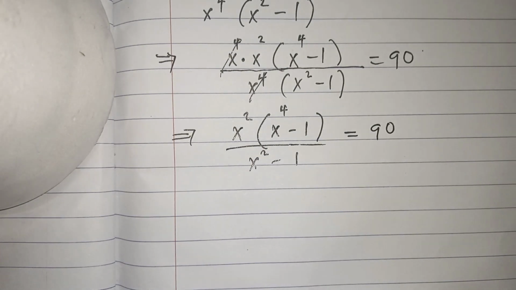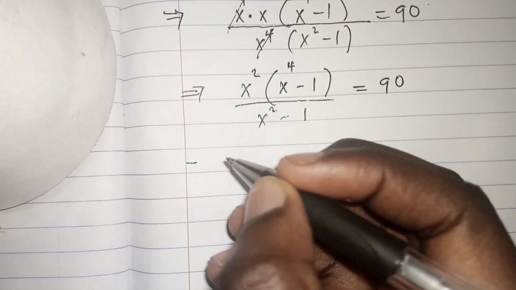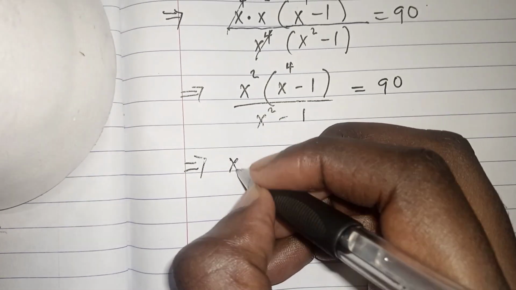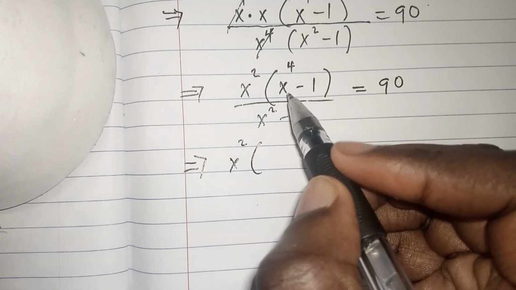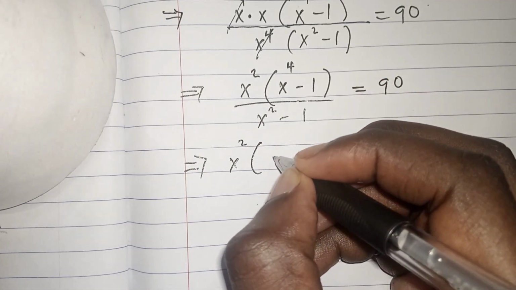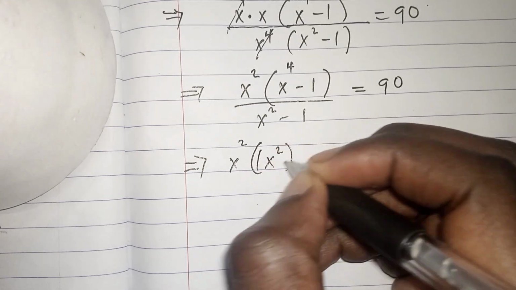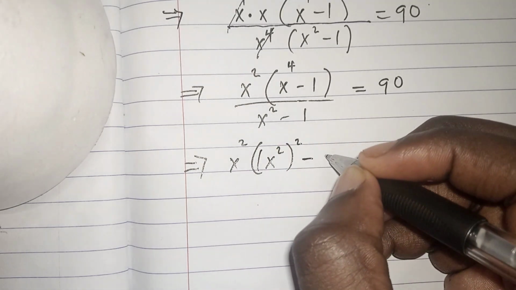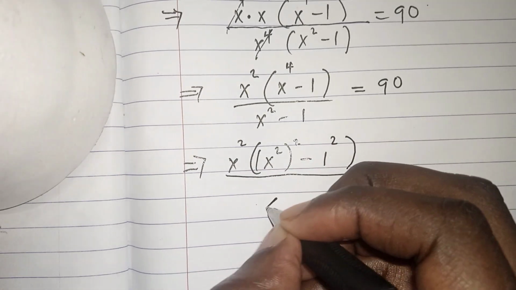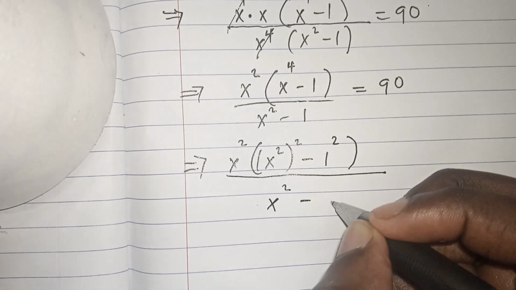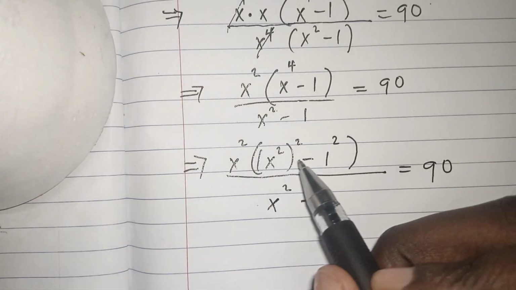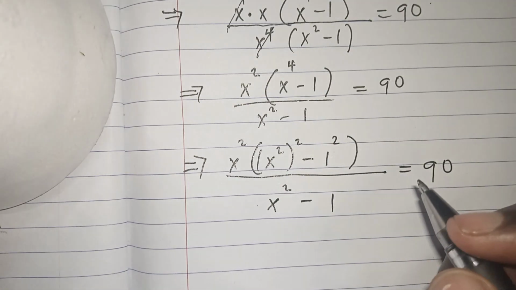Good. So let us continue for our next step. x squared into bracket x to the power of 4, we can write it as x squared, all this squared, minus 1 squared into bracket, over x squared minus 1, is equal to 90. So you can see this is a difference of two squares.